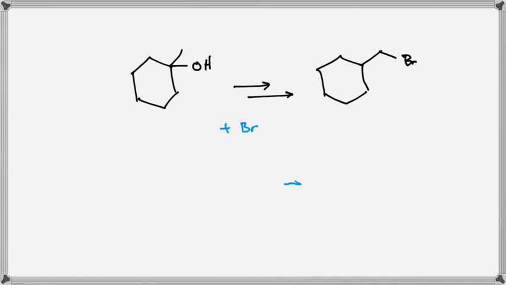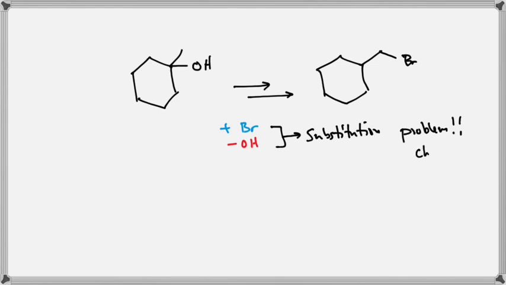I want to gain a bromine. I want to lose an OH. I might go through and call this a substitution, but I have a problem. The problem is that the chemistry is at a different position.